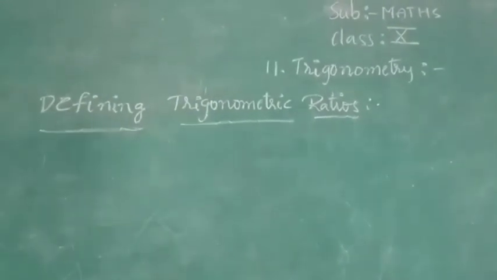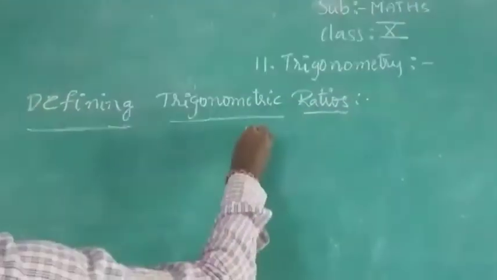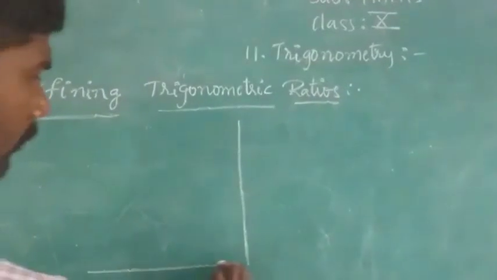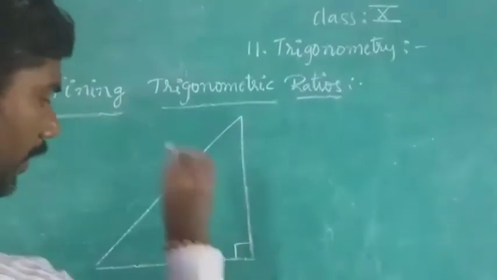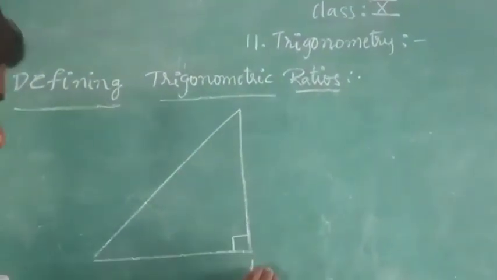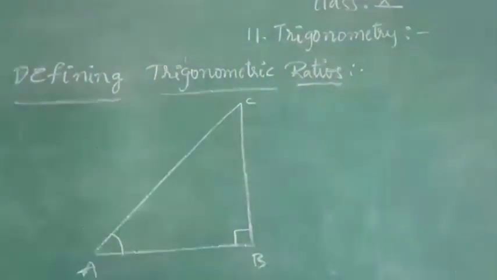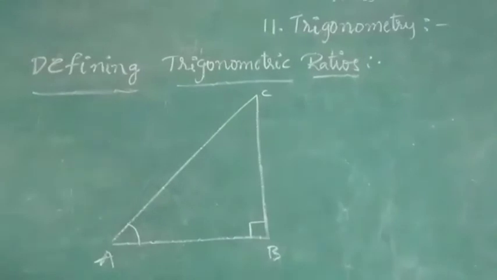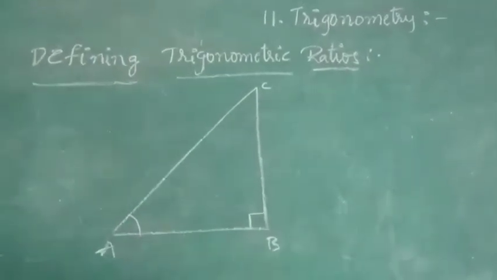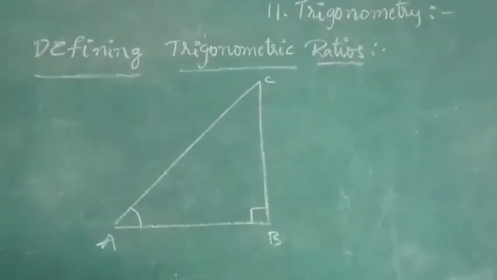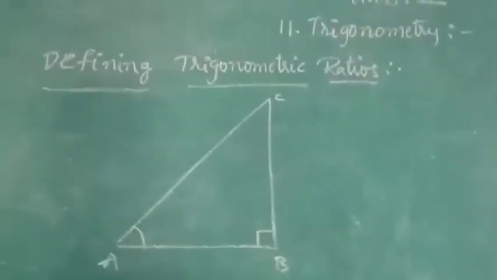Here it is simple. Let's take one right angle triangle. When we say right angle triangle, one of the angles should be 90 degrees. So let me take here the B, here is the A, here is the C. The angle I am taking is A. So here we are defining trigonometric ratios, right? The trigonometric ratios are called sine, cos, tan, cot, sec, cosec.